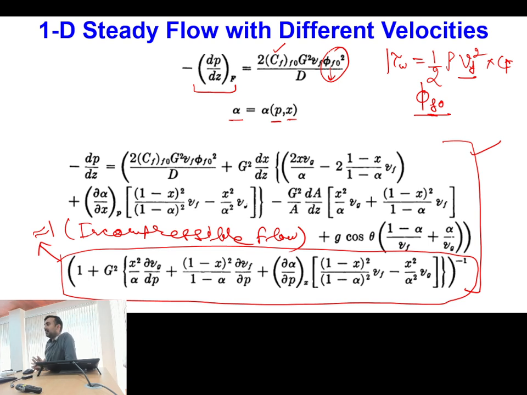Lockhart, Martinelli, Nelson, Barkozy, these are the people who have done a significant amount of experiments, and based on their experimental data, they have empirically obtained the values of two-phase multipliers for different situations, and they have provided some generalized charts. By taking the help of these charts, we can determine these values.